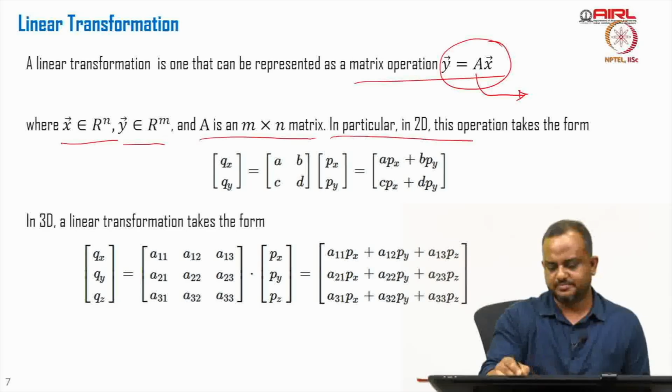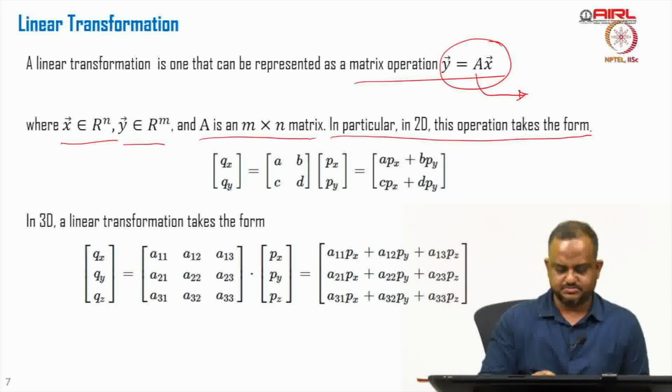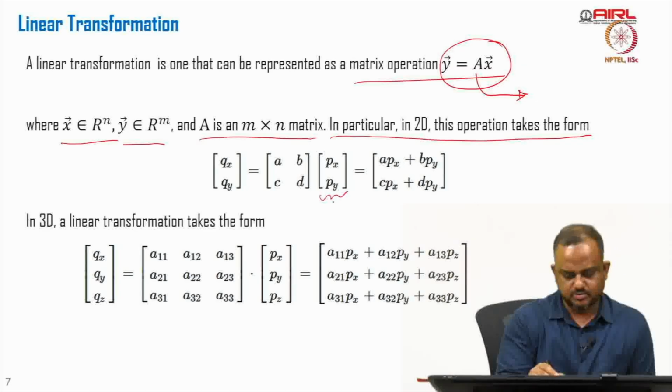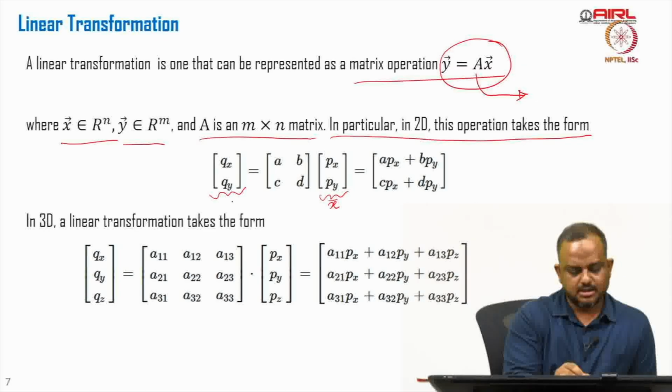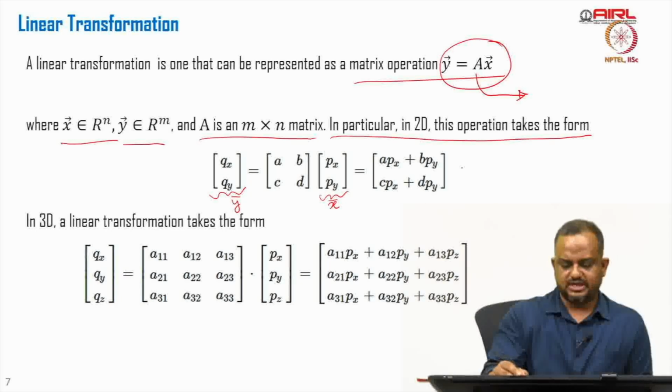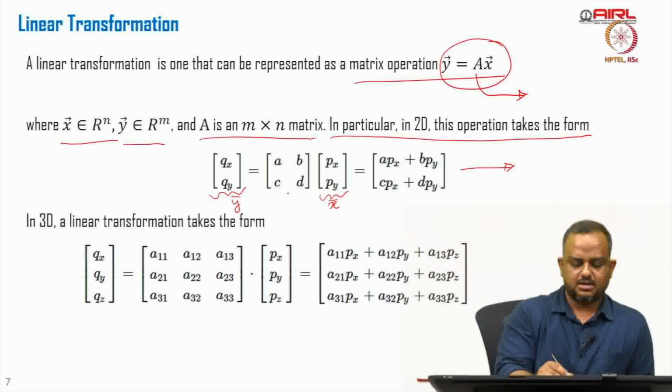In particular, when it's a 2D operation, then the vector can be represented as a vector x, and there is the outcoming vector, that is another vector y, we can show the linear transformation like this, where the transformation function T is actually a matrix.